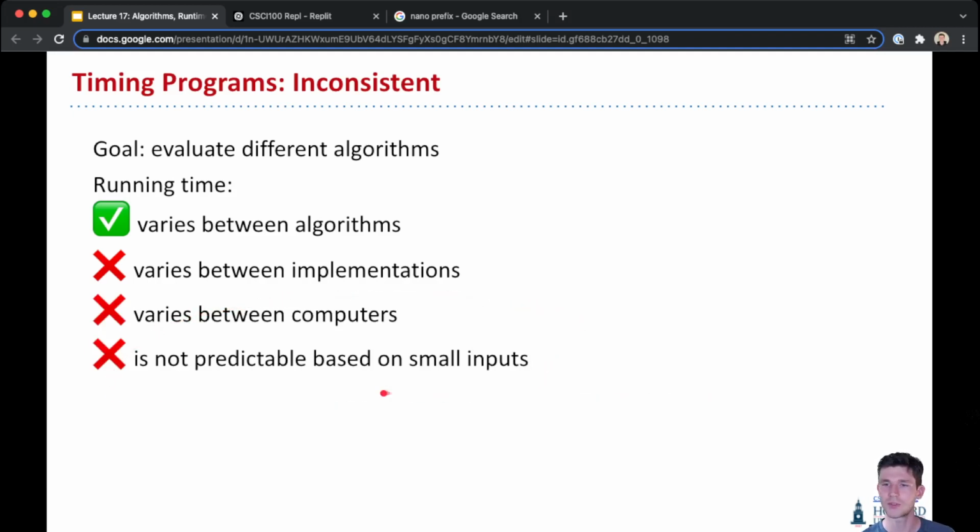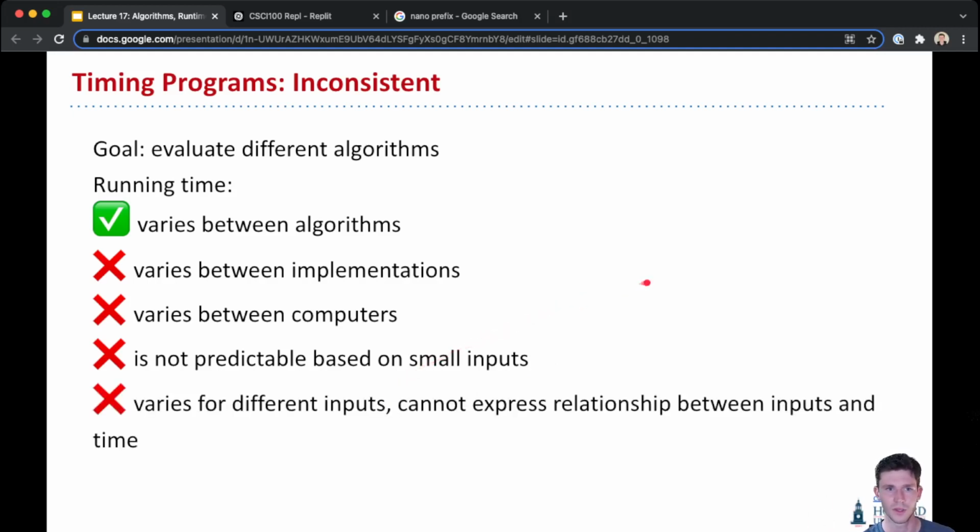Like you saw when I just ran, the numbers kind of varied from run to run. And it certainly varies for different inputs. It's hard to express an explicit relationship between a given input and a time. Can we do better?